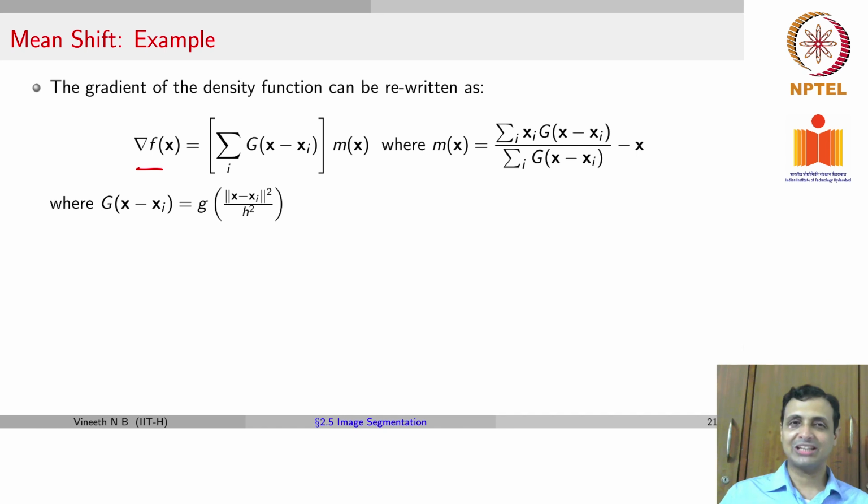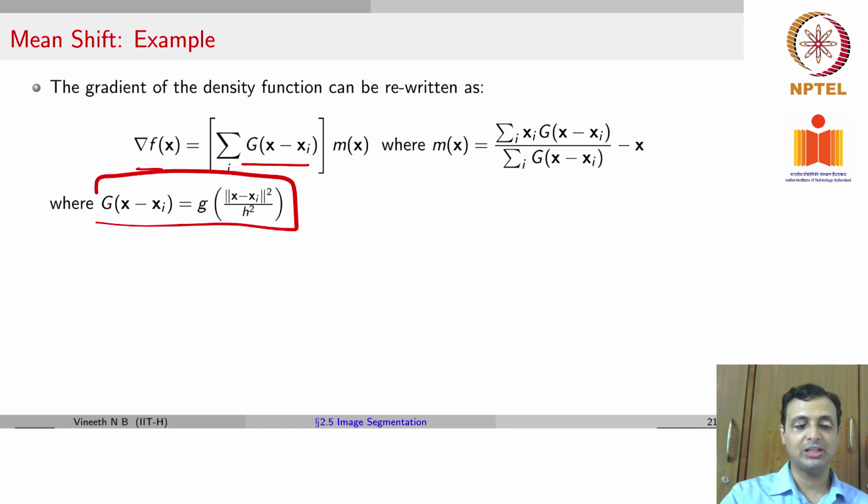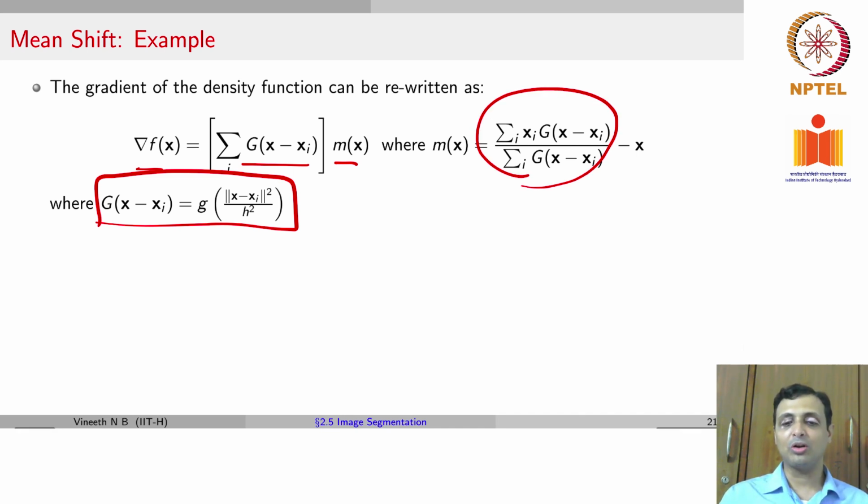We're going to show that this can be written slightly differently, where the gradient is the summation of capital G of x minus xi, where capital G is simply the same small g that we saw on the previous slide, times m of x. Here m of x is a weighted contribution of the x values that you're considering in this particular computation: the sum of xi times g of x minus xi, divided by the sum of all g of x minus xi.